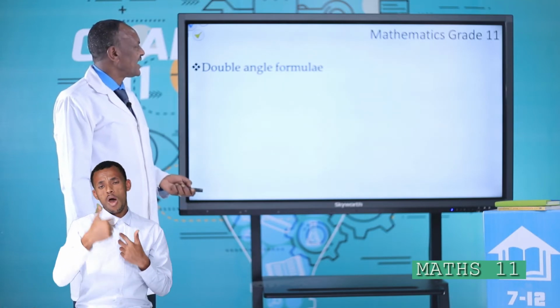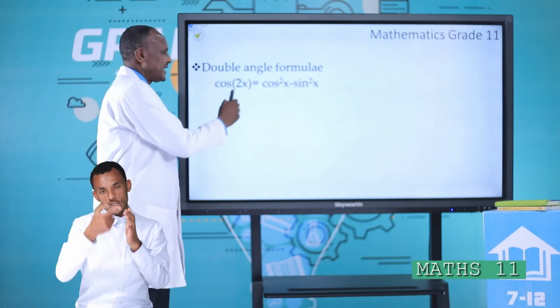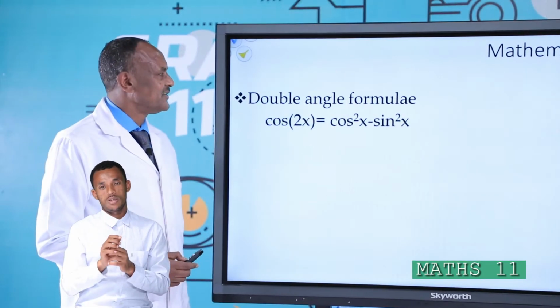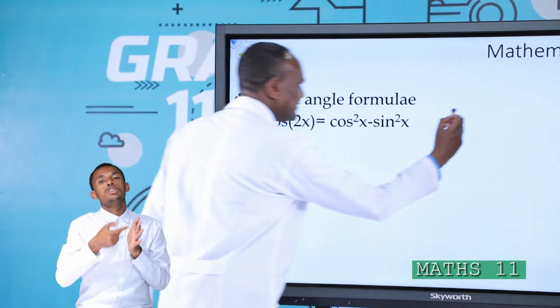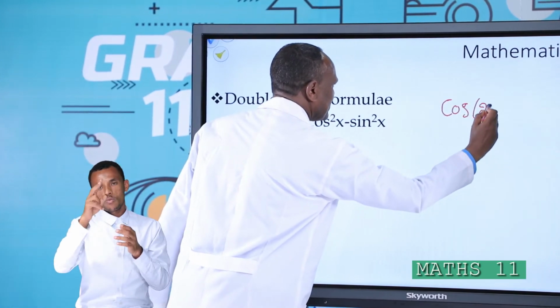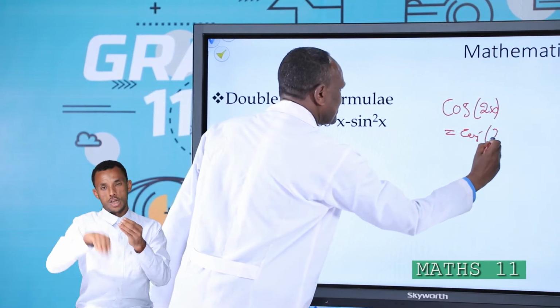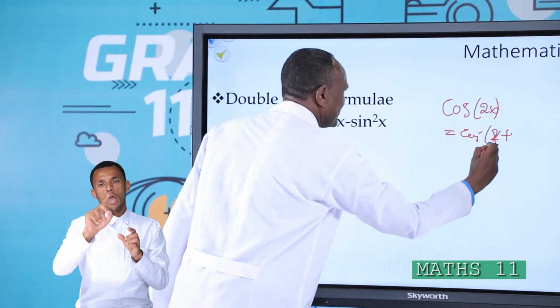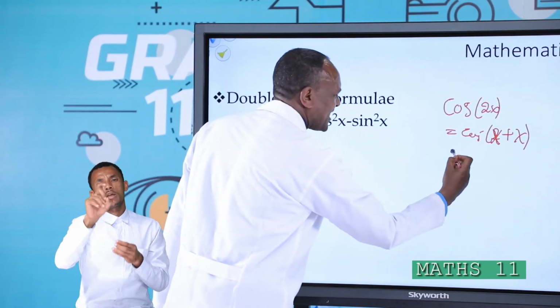You have also double angles. Double angle formula: cosine of 2x gives cos square of x minus sine square of x. How do you get it? If cosine of 2 times x is equal to cosine of the sum of two angles, x plus x again. In this case, x and y are equal.